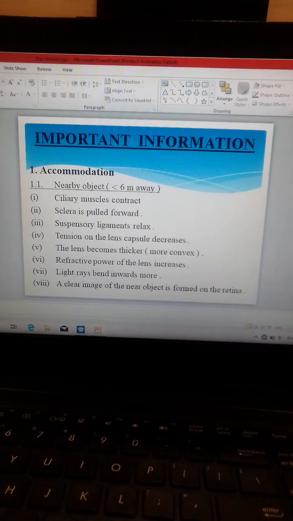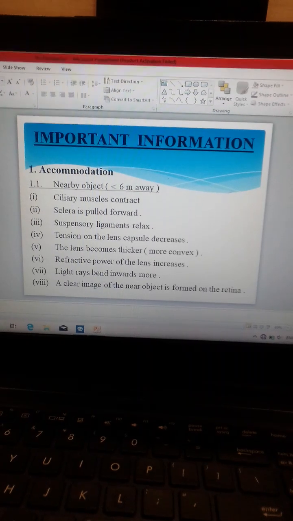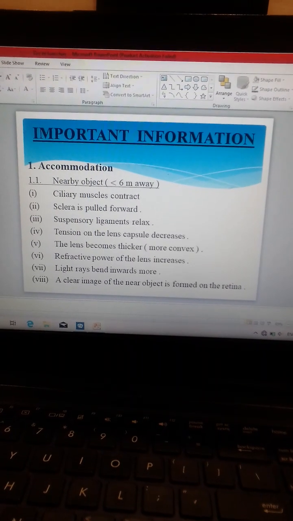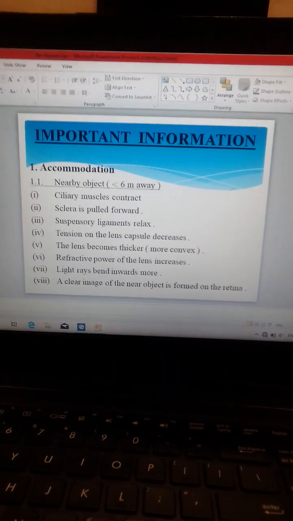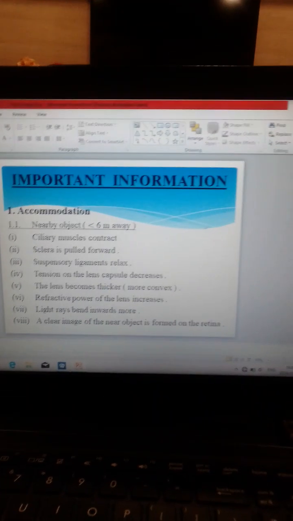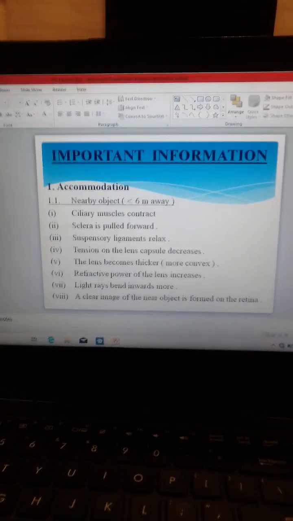I suggest that you know one part, for example nearby, and then when it's far away, which is more than 6 meters away, you only flip some words.